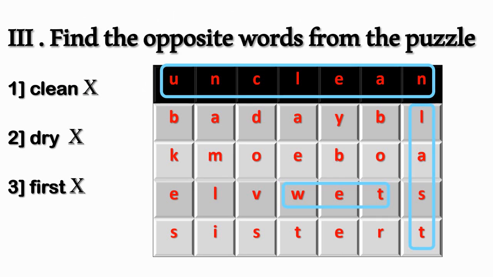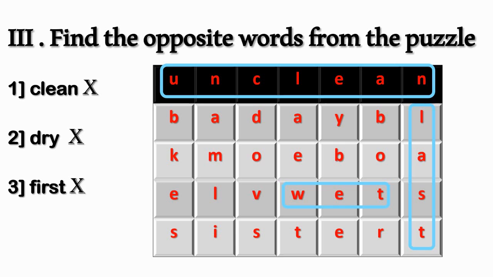Question number 3. Find the opposite words from the puzzle. Number 1. Clean. And the opposite of clean is? Yes, very good. And the opposite of clean is unclean. Okay, now next, number 2. Dry.